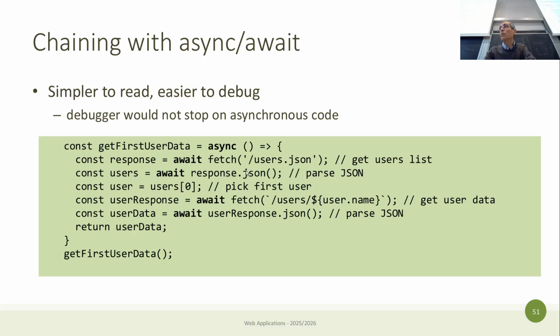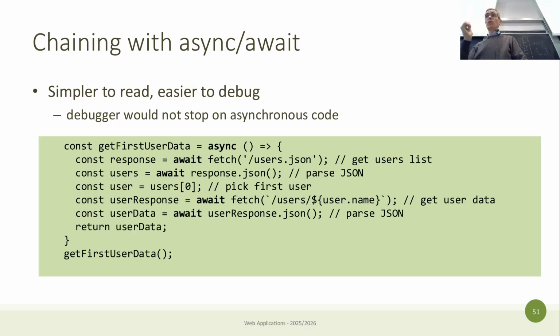Some methods return a promise, like this .json. It parses the JSON contained in the response, okay, provided that a certain set of conditions are met, but we will talk about them later in the course.